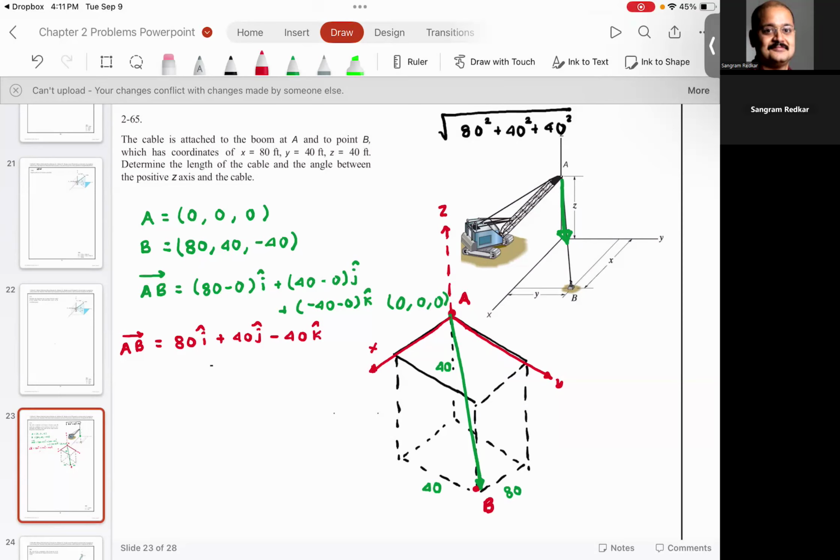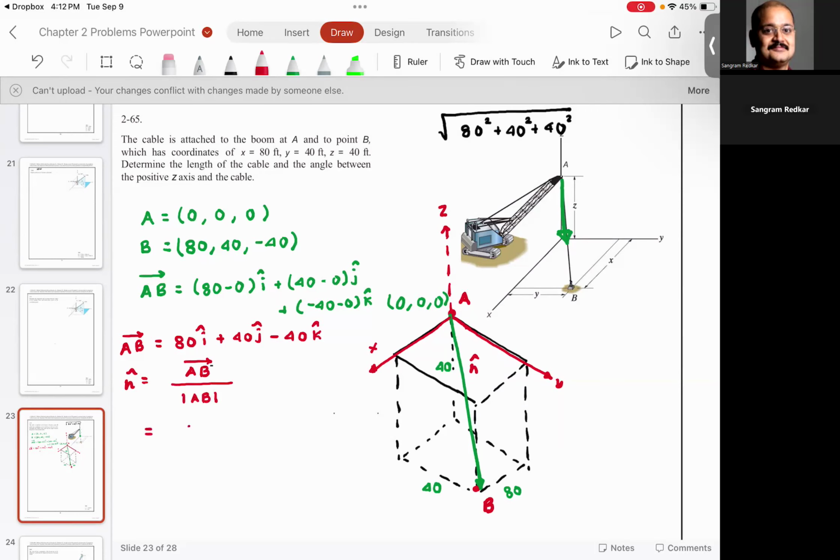No. So first, I would convert this into unit vector. As soon as I convert it to unit vector should tell me the direction, right? So I need to find out what the n hat is. So n hat is AB divided by magnitude of AB. Do you agree with me?